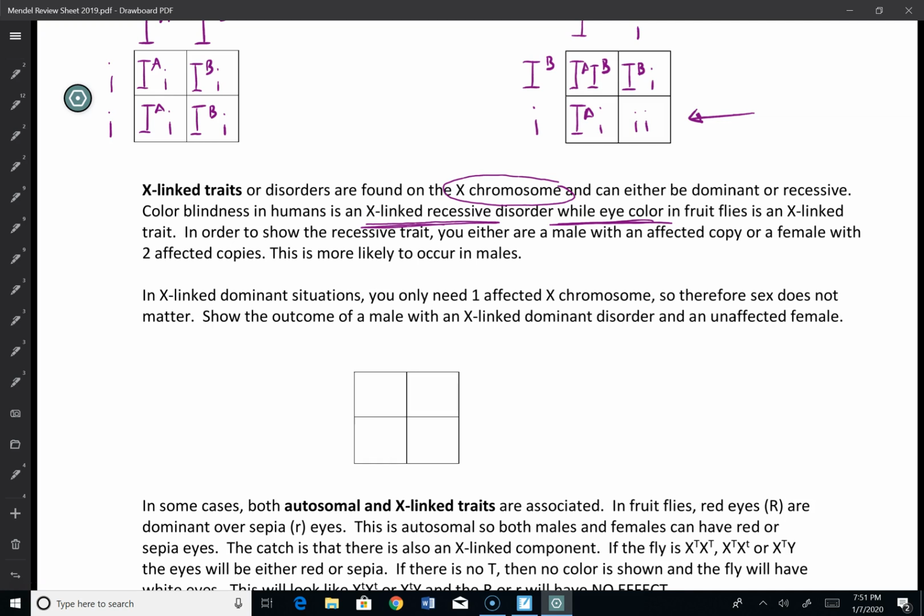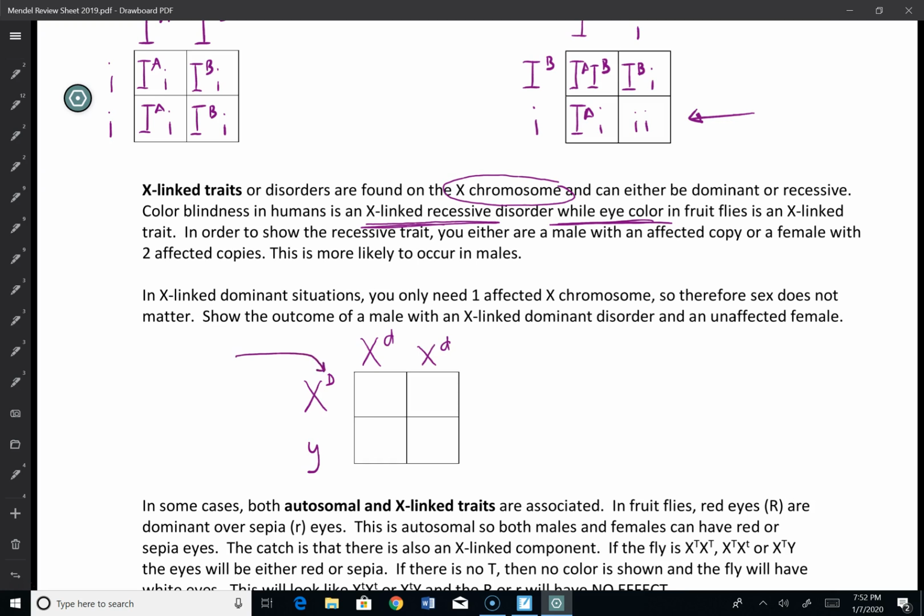Well, we talked about in class that if you have an X-linked dominant trait, you only need one copy. It's going to act very much like an autosomal dominant trait, but it does matter who brings the trait to the table. So in this particular example, dad has the X-linked dominant disorder, whatever it is, and mom does not. And you know that because I am designating the capital D as the dominant X-linked disorder.